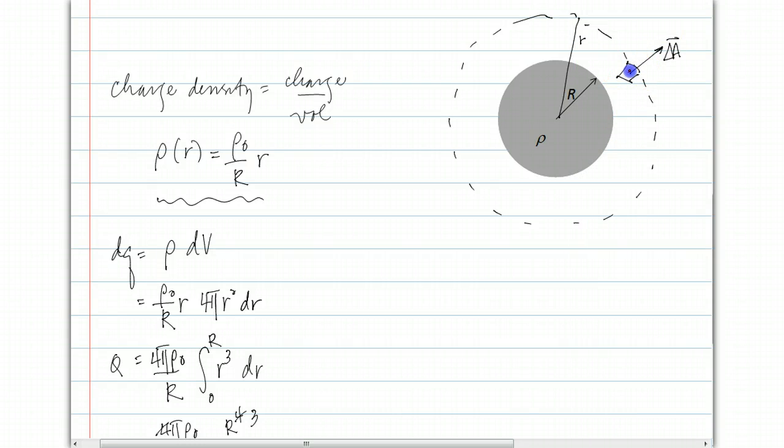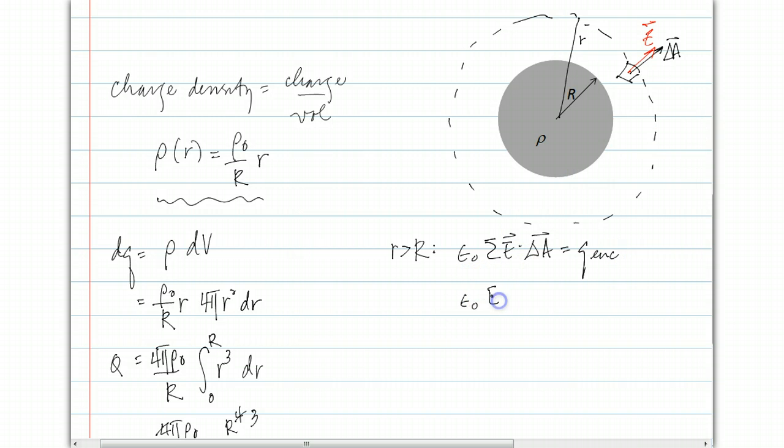I also need to know the electric field at each infinitesimal of area, and it turns out for this particular symmetry that E and delta A are in the same direction. So when I use Gauss's law, the dot product E dot delta A becomes just E times delta A.